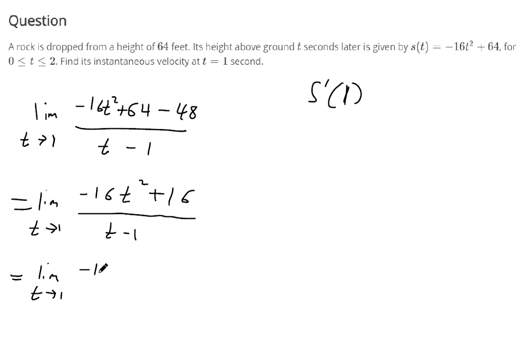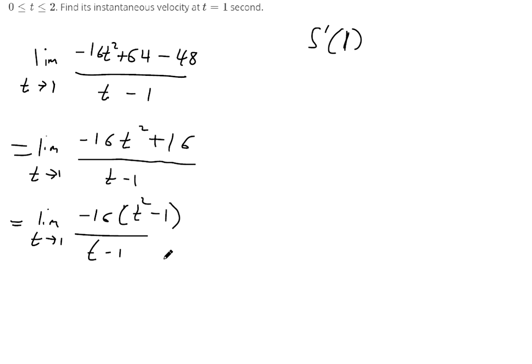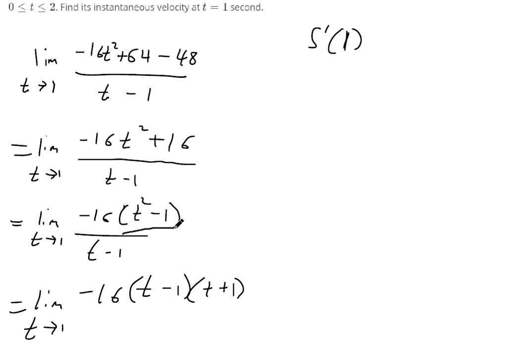So you can factor out negative 16. Let's factor out the negative 16 to make the squared term positive. That helps factoring be a little bit more clear cut. And so the parentheses that's left over is factorable. You can do t minus 1, t plus 1, because these multiply to make t squared minus 1.